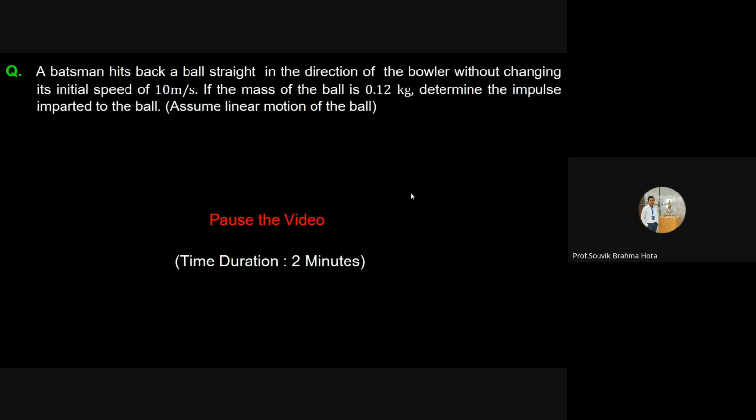If we consider the ball is thrown in the leftward direction, we can consider it minus, and when it comes back it is positive, but the magnitude is the same. So minus 10 meter per second initial velocity, because it is towards the left side, and the reverse is plus 10 meter per second. You can assume either of these, just reversed.